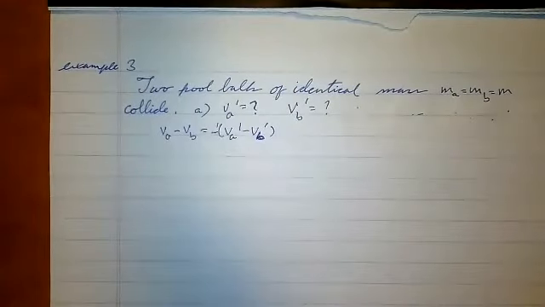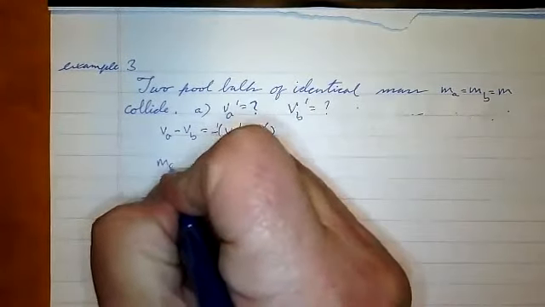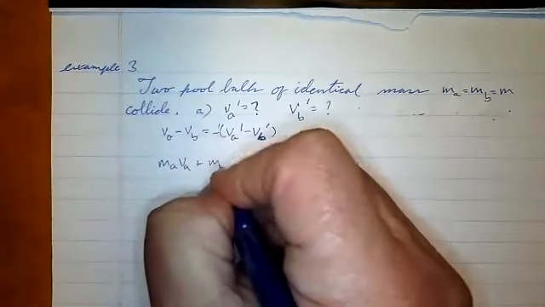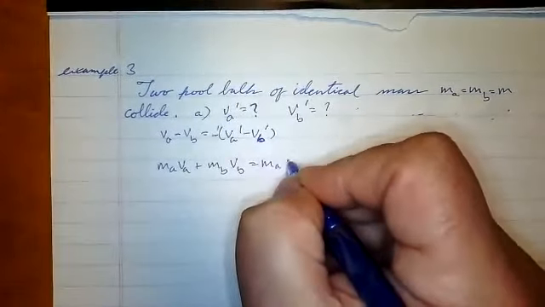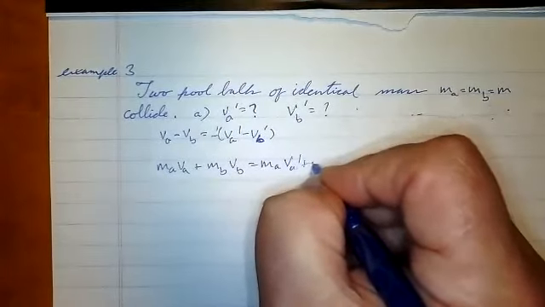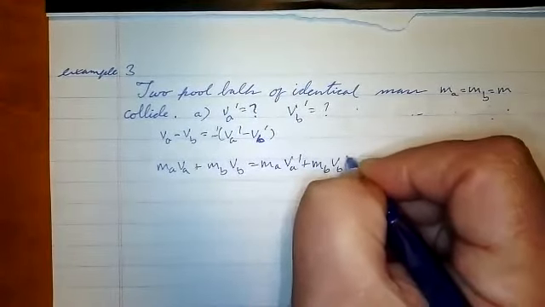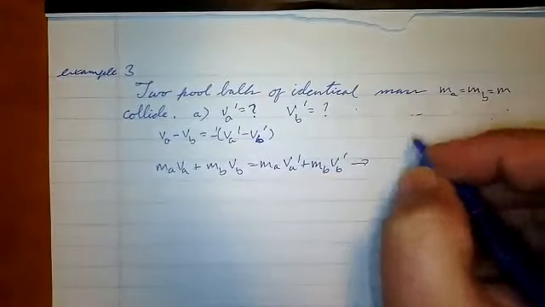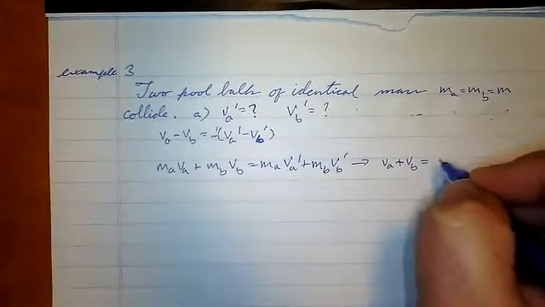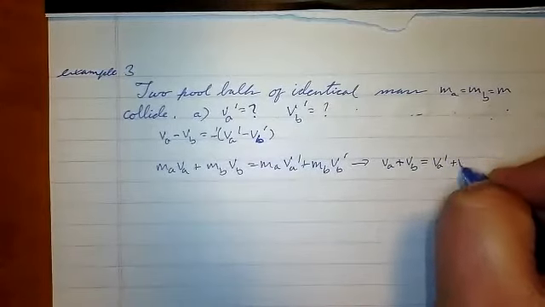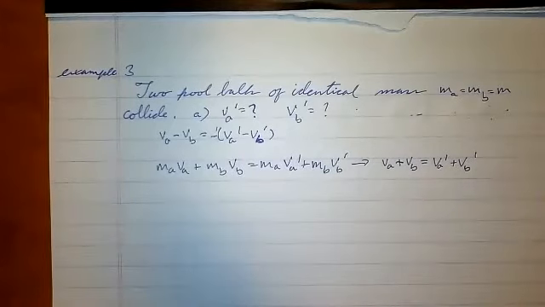And because I actually have two equal mass pool balls, then we can actually make use of the momentum equation, which was MA VA plus MB VB equals MA VA prime plus MB VB prime, to just say, wait a second, VA plus VB is equal to VA prime plus VB prime, right?